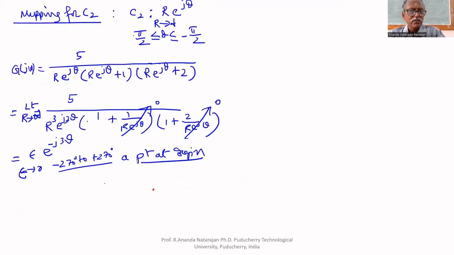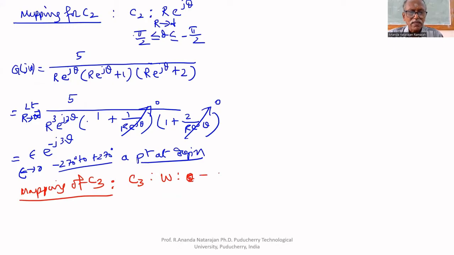Now mapping of C3. C3 means omega varies from minus infinity to 0 minus.